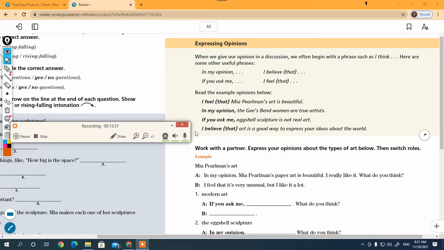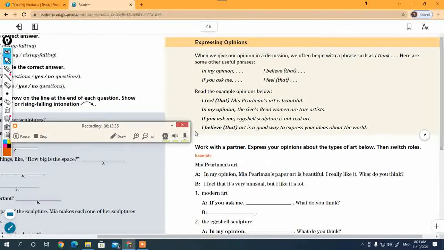So, students, here's the last little lesson that we need to cover, and it's ways to express opinions and different phrases that we use to express opinions. Basically, all of these expressions mean I think. Well, we don't always say I think, I think, I think.